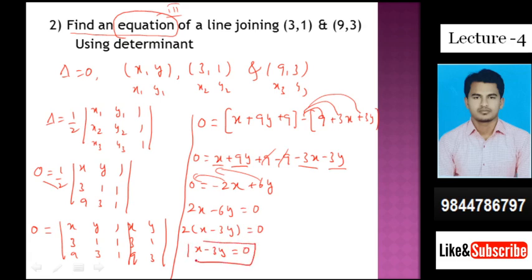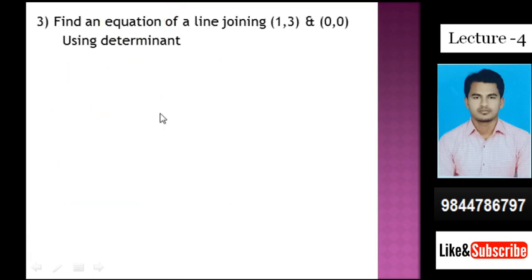This is our equation of a line. Next, again find the equation of a line. So this is for homework. Solve this example and comment your answer in the comment box.